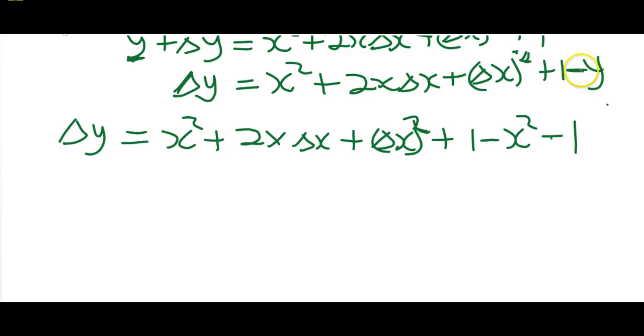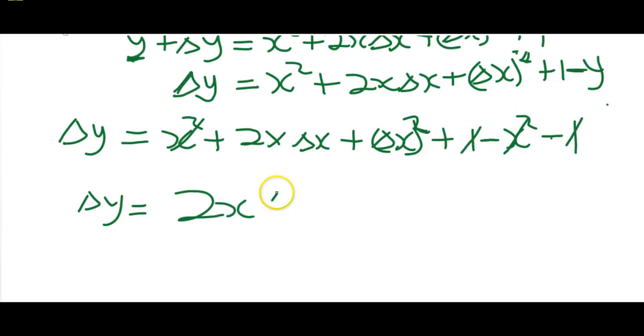So here I can see that there are some terms that can cancel out. So I have change in y is equal to, this will die with this, this will die with this, leaving me with 2x change in x plus change in x all squared. Then I can divide both sides by change in x.